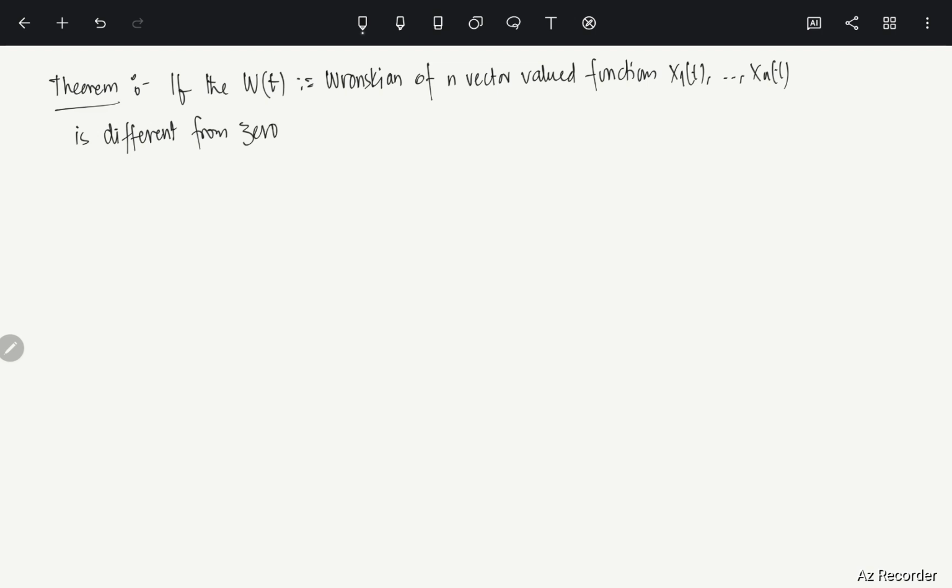Clear? So basically what I'm trying to say is the determinant is non-zero for at least one point in the interval.